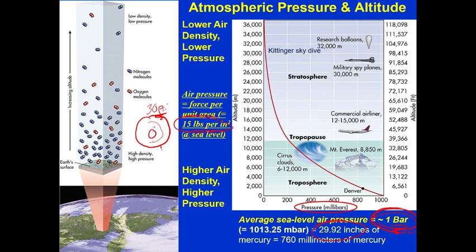Of course, if we want to use the metric system, we don't want to use inches, so we can convert that to 760 millimeters of mercury. There are a lot of different ways of measuring it, but it all means the same thing. 760 millimeters of mercury is 29.92 inches of mercury, which is the same as 1 bar, which is the same as 1,000 millibars, which is the same as 15 pounds per square inch. It's all just different ways of measuring air pressure, but it's all the same.